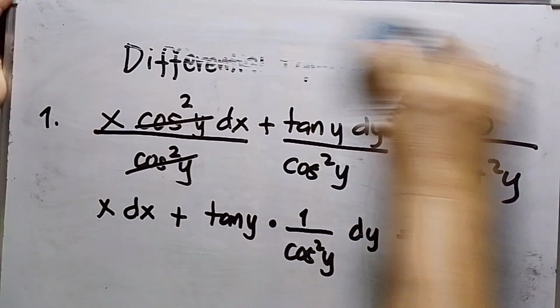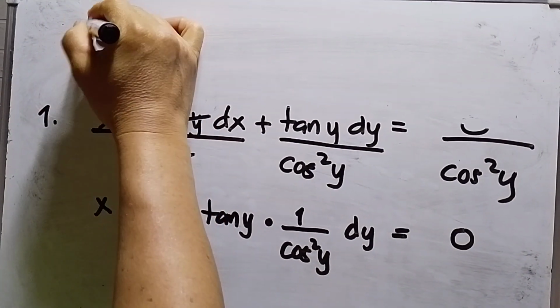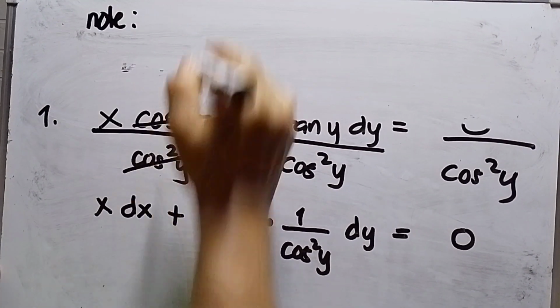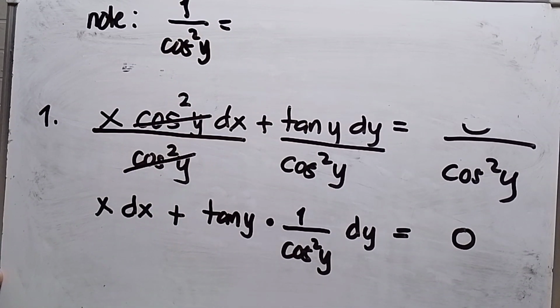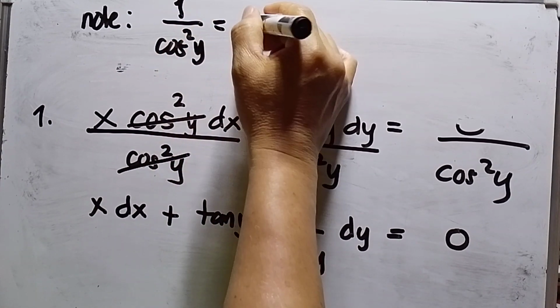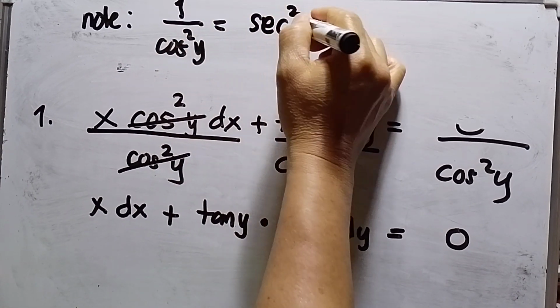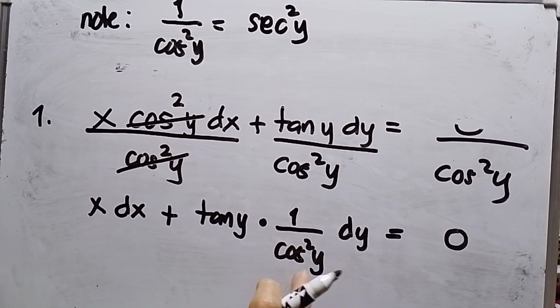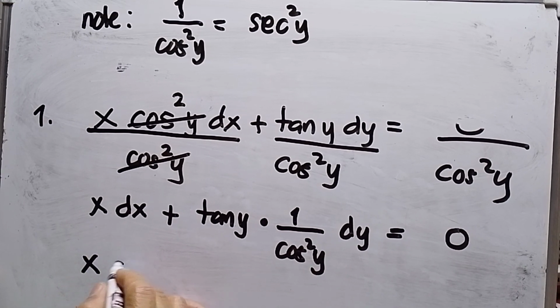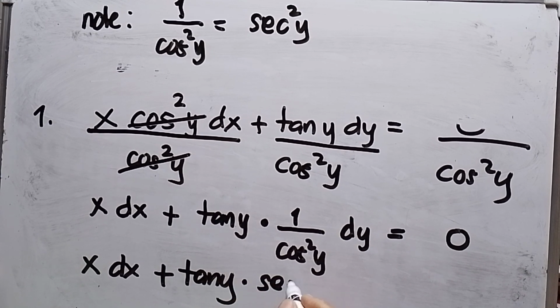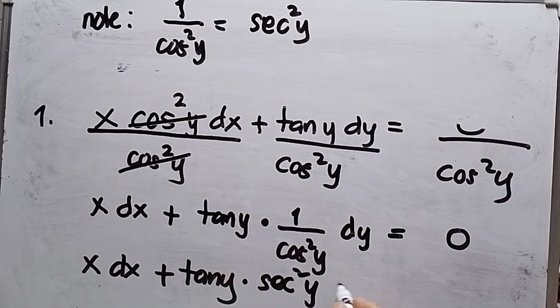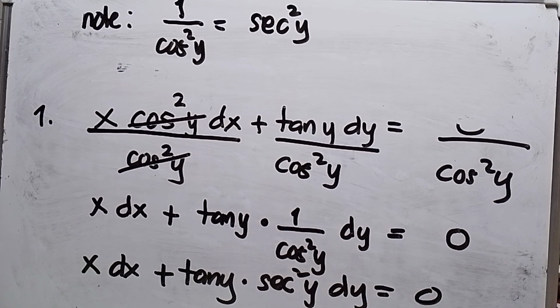So note that 1 over cosine squared y in trigonometry is equivalent to secant squared y. Okay? So I need to replace this one. So I have here x dx plus tangent y times secant squared y dy is equal to 0.